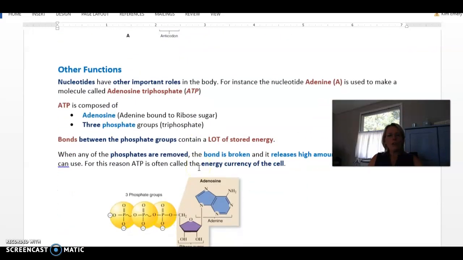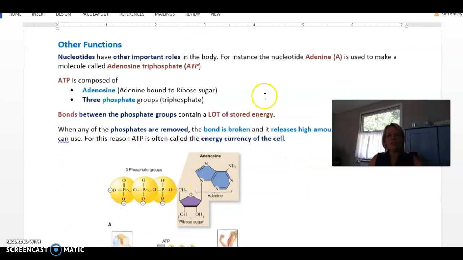So there are other functions of nucleotides. One very important molecule that contains a nucleotide is called adenosine triphosphate. And we shorten that and just call it ATP. So adenosine triphosphate contains the nucleotide adenine.